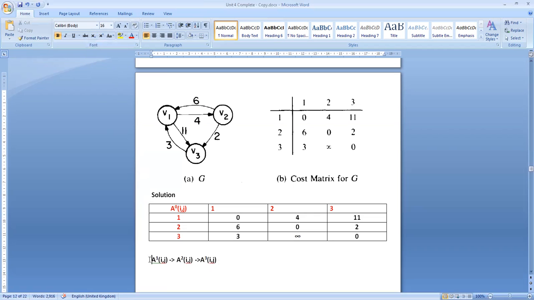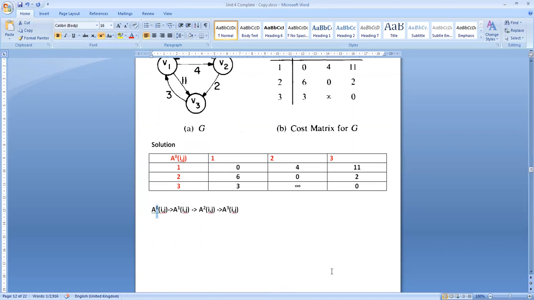It has to be found from A0 of I comma j. Where is this A0 of I comma j available? It is available here. So my k will take the value of 1 comma 2 comma 3.